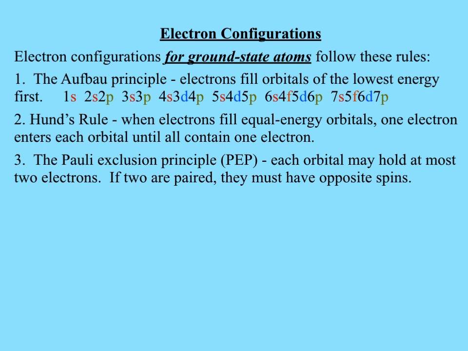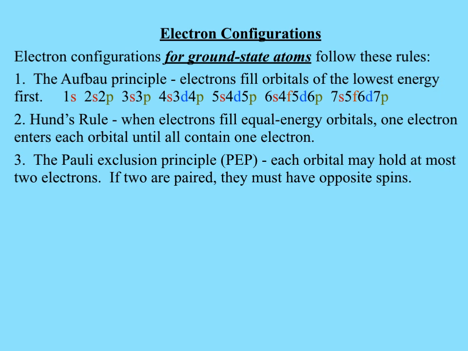The second rule for electron configurations is electrons want to be spread out as far as possible. So Aufbau starts by putting them in different areas. Hund's is the second rule that says how they fill equal energy orbitals. Now that doesn't apply to the s because the s only has one, but it applies to the p, which has 3, the d, which has 5, and the f, which has 7.